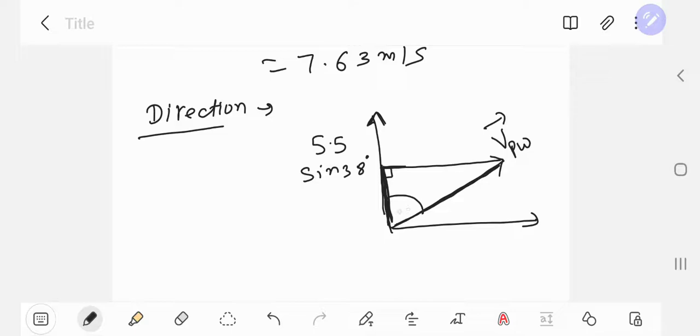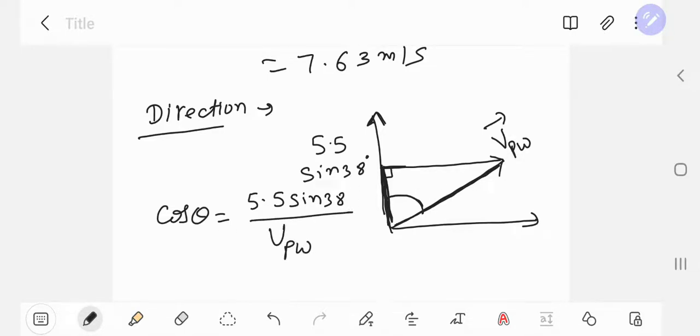By taking the reference of this angle, this will be the base and this will be the hypotenuse. So you can use cos, which is the adjacent over hypotenuse. So cos theta would be 5.5 sine 38 upon the hypotenuse, which was VPW. Then you get the cos inverse of that, and you get the final answer.